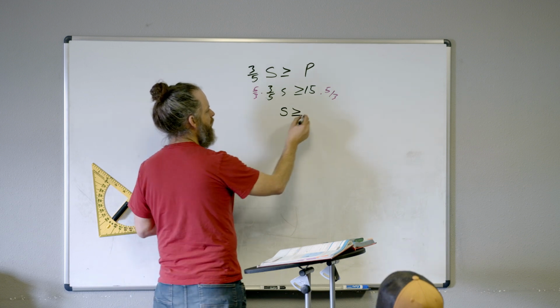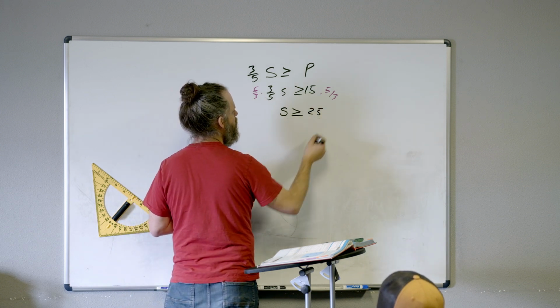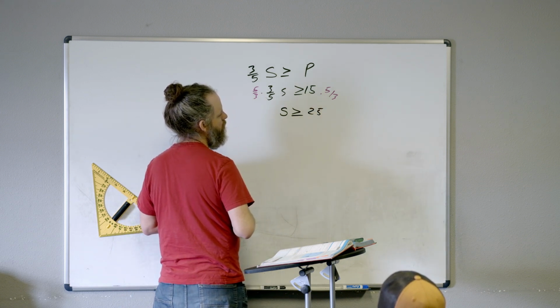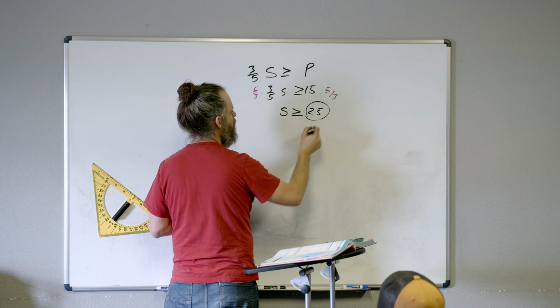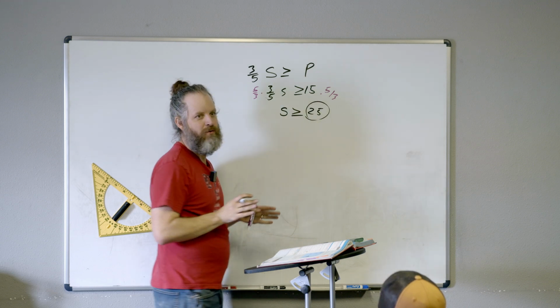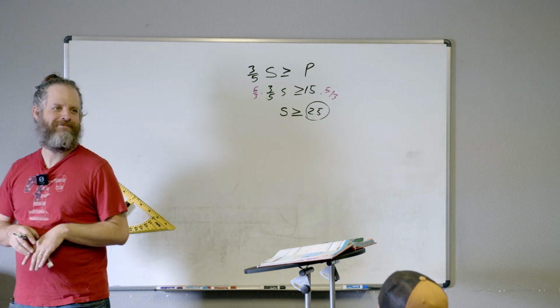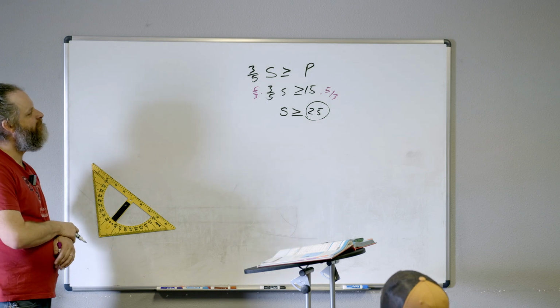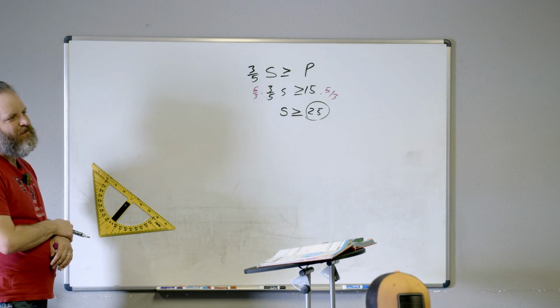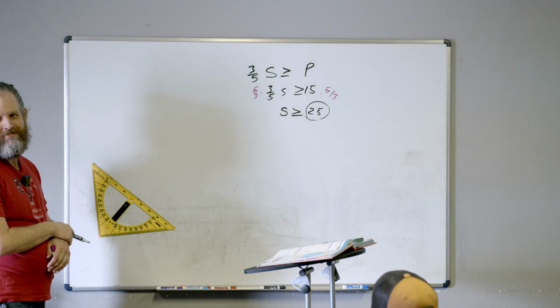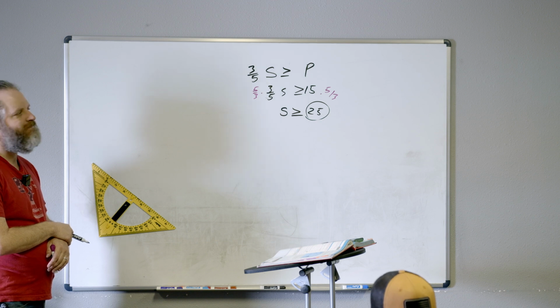And we get 25. If there were more than 25, she didn't make it, right? Because she didn't do 3/5 of them. Make sense?